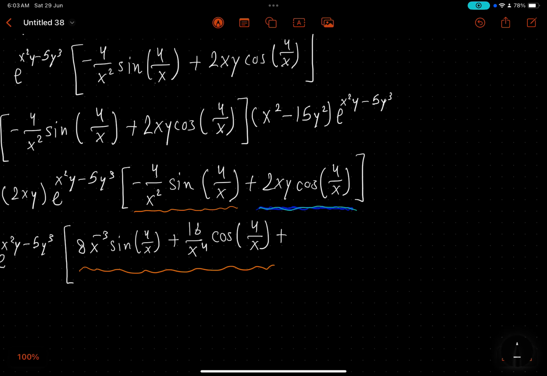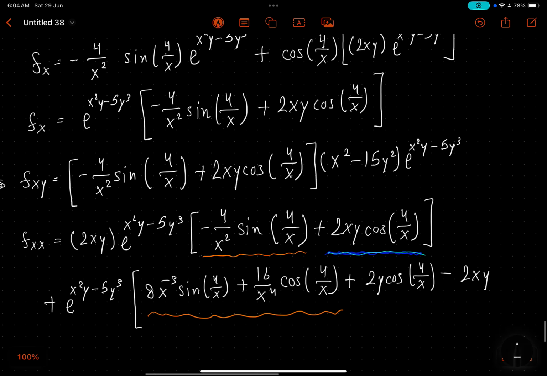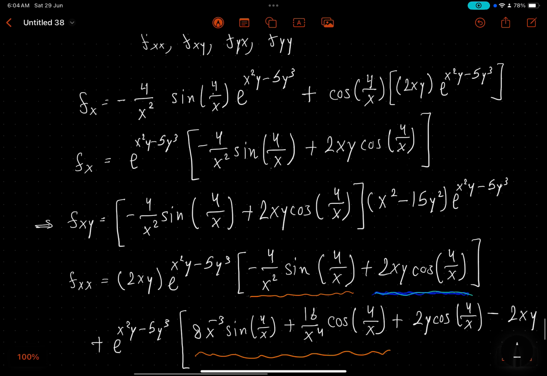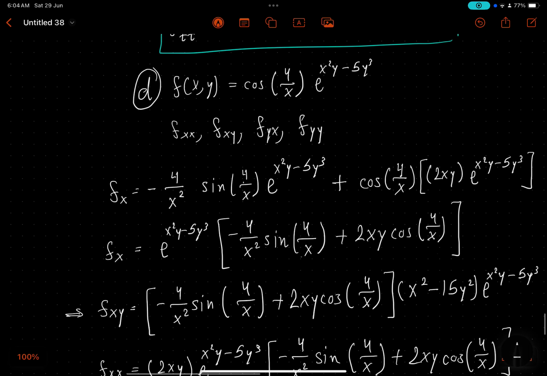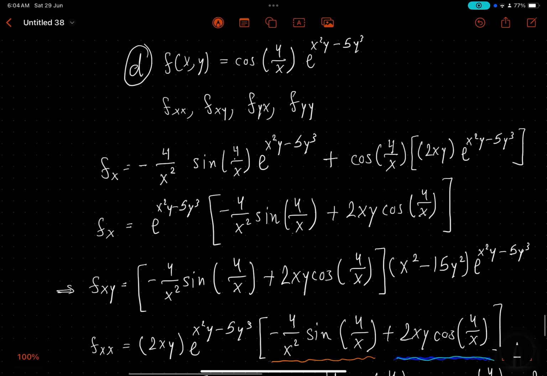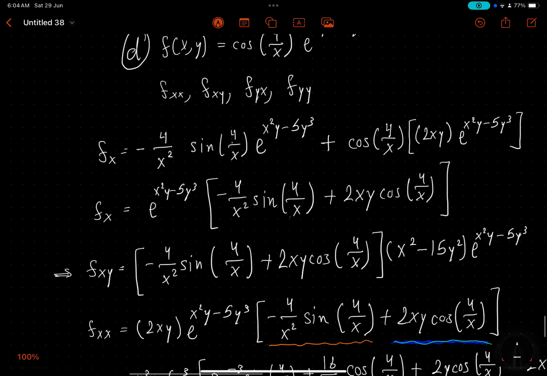First we differentiate, so we're going to get 2y cosine of 4 over x plus 2xy times... so we're going to get minus first... so actually I think we had a mistake here.